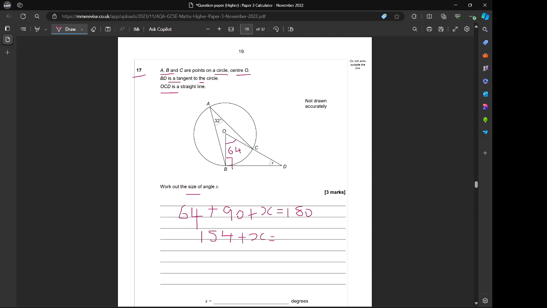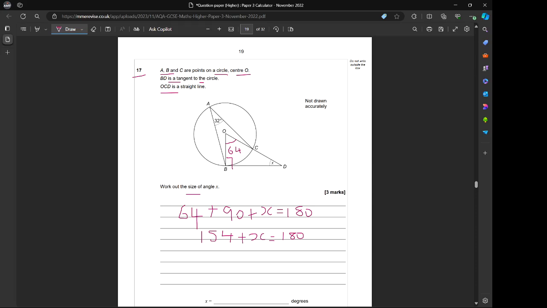What is X going to be in the chat, please? Anyone got an answer?